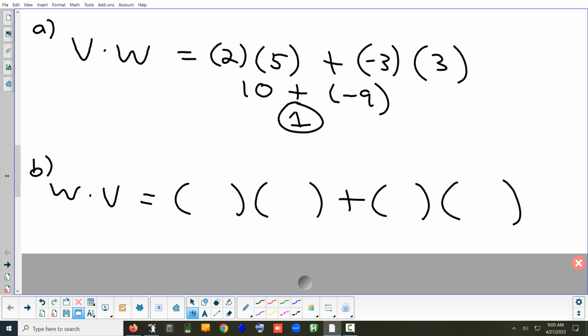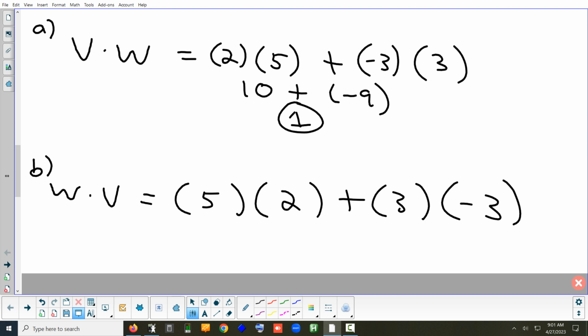Yep. 5 and 2. And then 3 and -3. So when we do the dot product with W first, what do I get? Just one again? Yeah, we get 1 again.